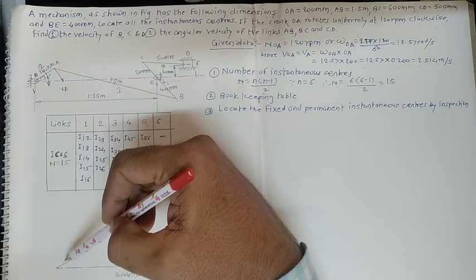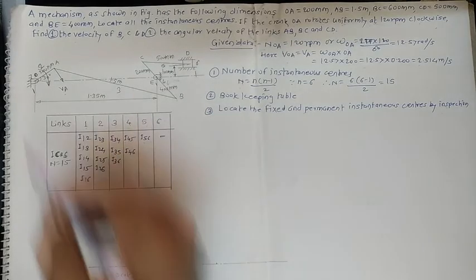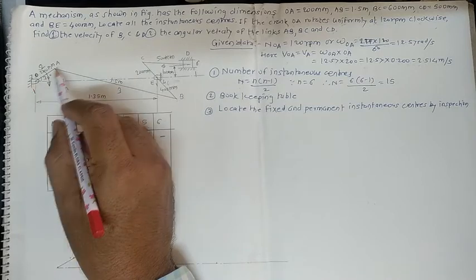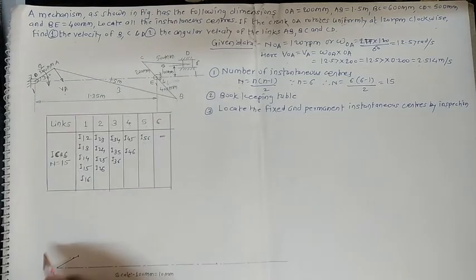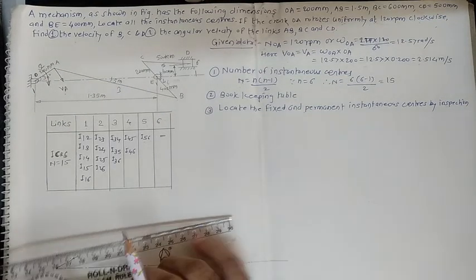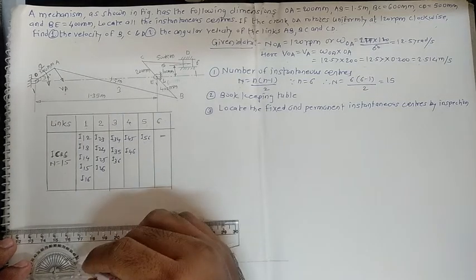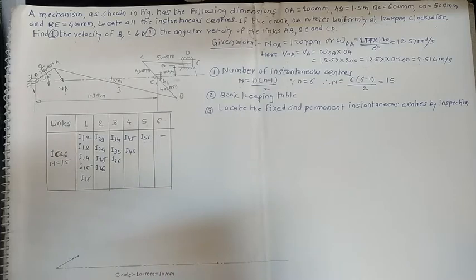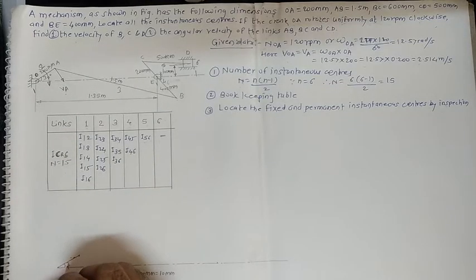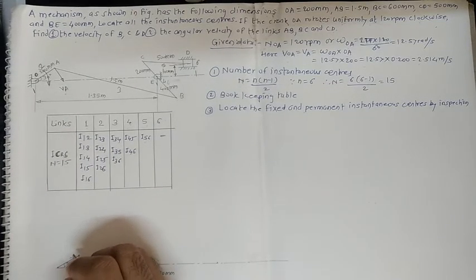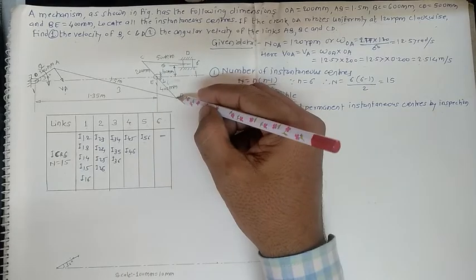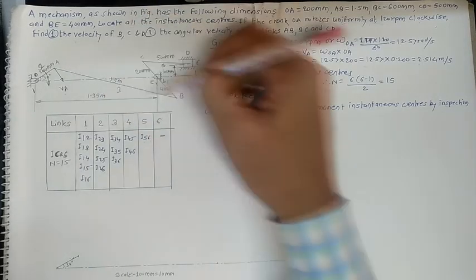Once we get that 20 mm, the angle made by this link with the horizontal line is 30 degrees. Just adjust your protractor like this and see the 30 degrees here. According to that 30 degrees, draw this line. Once this line is completed, the next information is that 1.5 length is given for this AB.